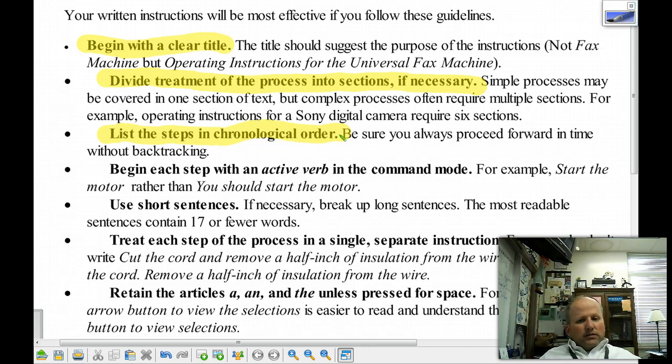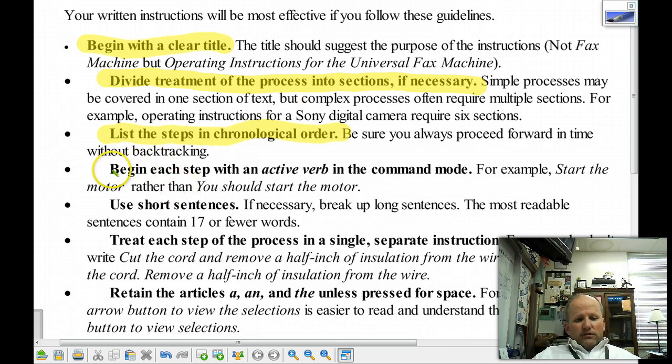You're not going to get to step 6 of some instructions and then say, oops, I forgot to tell you step 3, so let's go back and insert a new step. You just need to get all your steps in order, renumber if necessary. And step 1 is the first thing you do, and step 10 is the last thing you do if you have 10 steps. But go as many steps as you need.